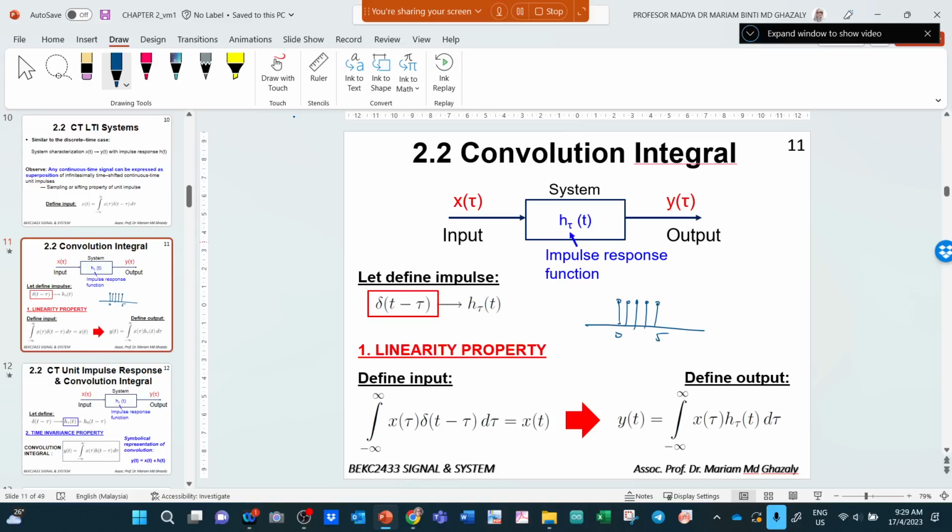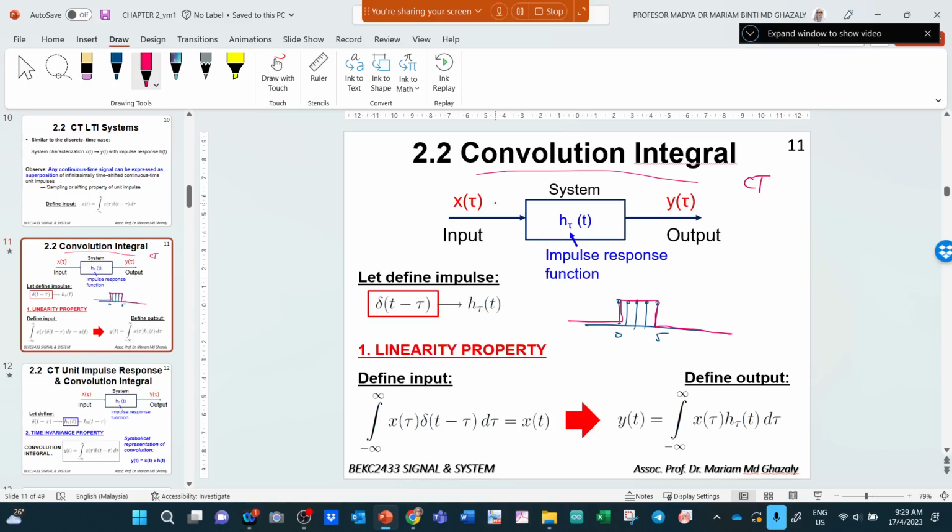This is 1, 0 until 5, for example. But you know that if this is discrete time and we are talking about the convolution integral, which is in continuous time, the signal will become like this.